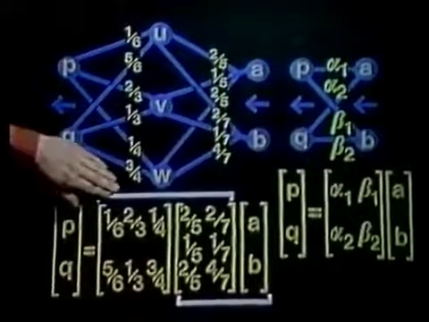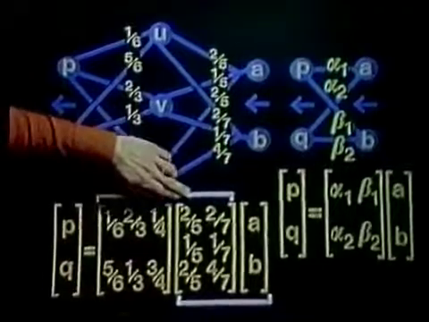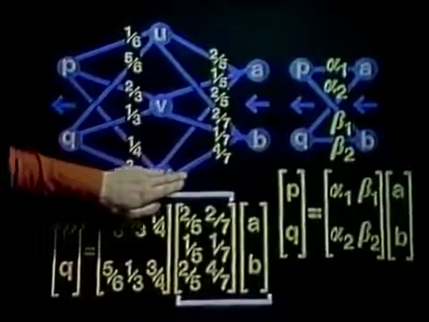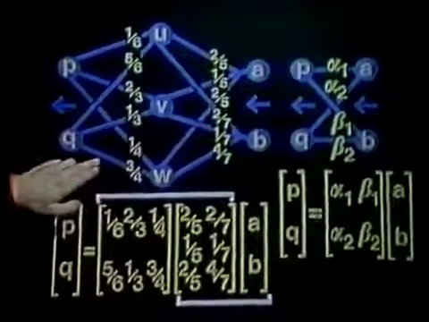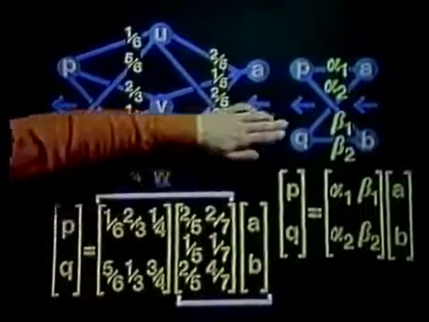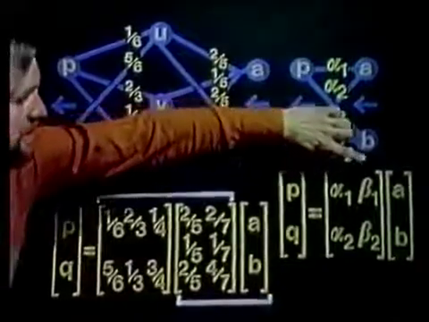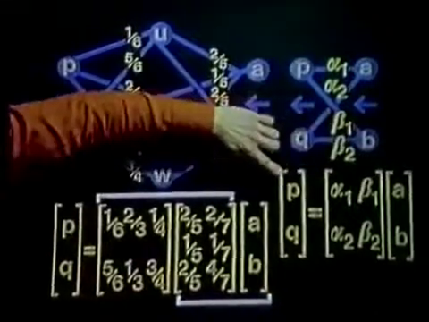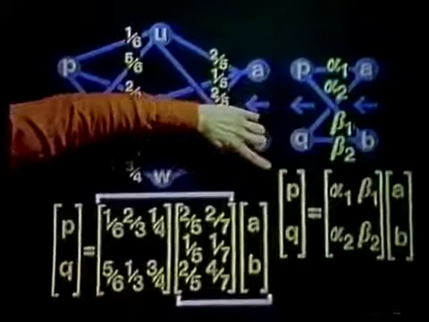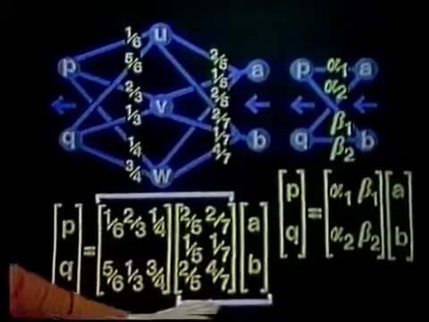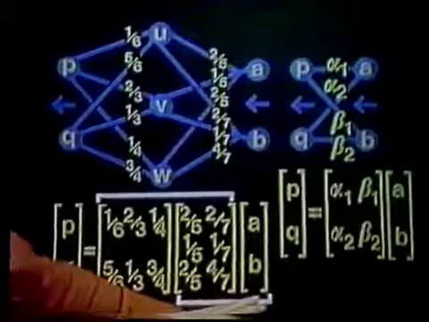The first method, multiplying the two matrices, well, that corresponds to taking the combined network, collapsing it as we did in the program, getting the alpha-beta matrix, and then multiplying that times the column AB to give the output PQ.